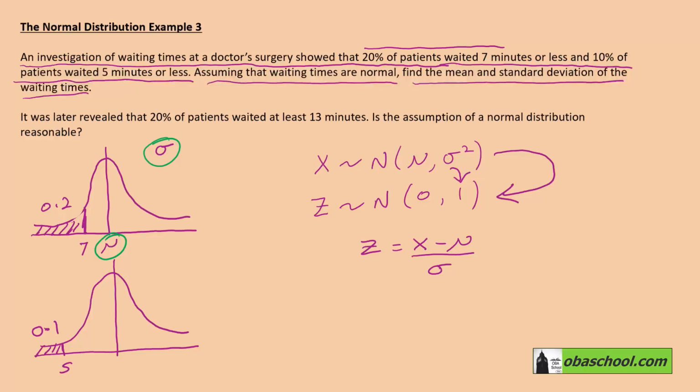What our two diagrams over here show is that the probability that x is less than 7 is 0.2, and that the probability that x is less than 5 is 0.1.